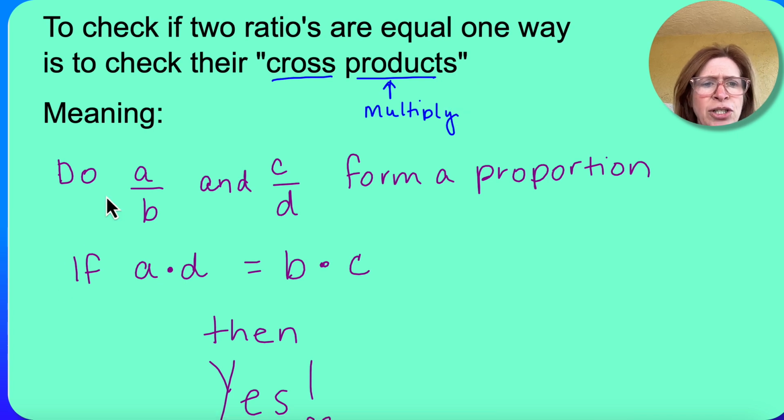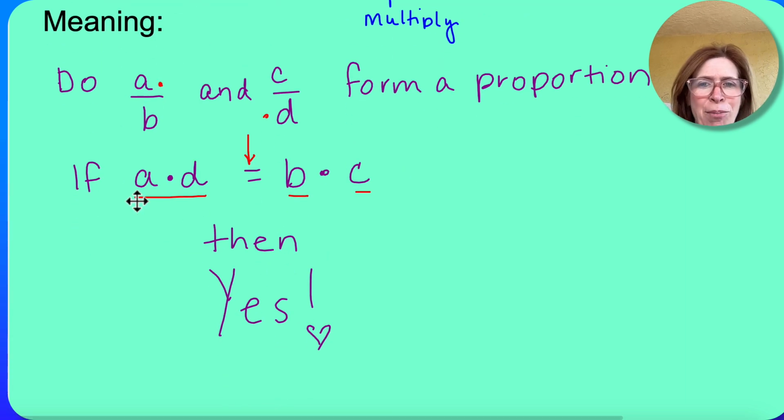Do A over B, that's a ratio, and C over D form a proportion? All you'd have to do is multiply their cross products, meaning I'd multiply A times D, and I'd multiply B times C. If they are indeed equal, meaning the same as, then yes, they form a proportion.